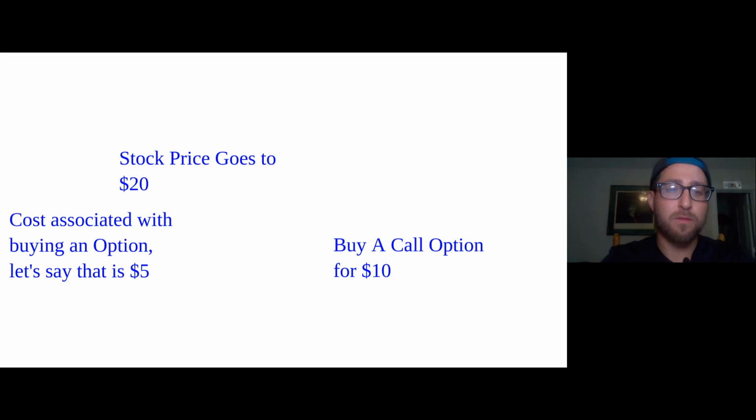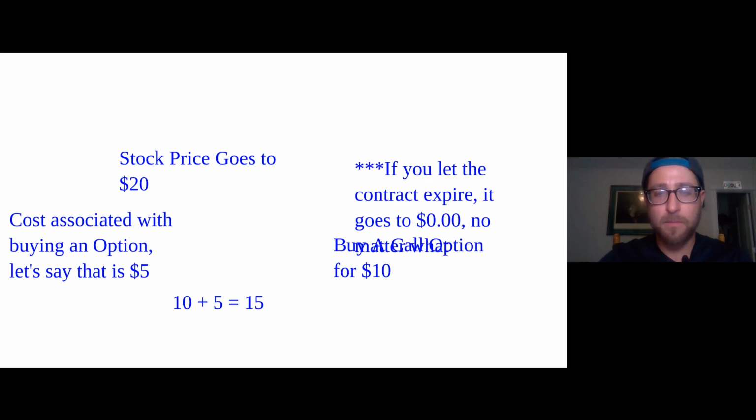So 10 plus 5 equals 15, and the price is 20. So that means we're $5 in the money. If you let the contract expire, it goes to 0, no matter what.